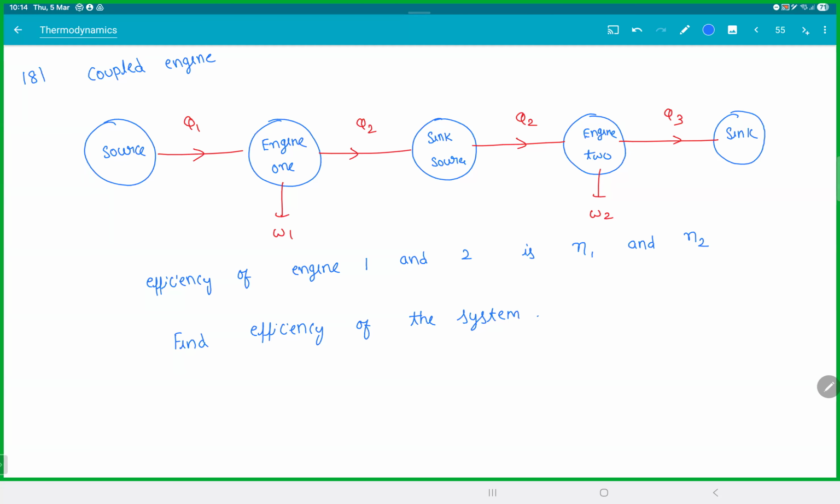How do we handle this? See, again, go back to the basics. What is efficiency by definition? Total work by heat given, isn't it? So what is the total work? W1 plus W2. And what is the heat given? Q1.